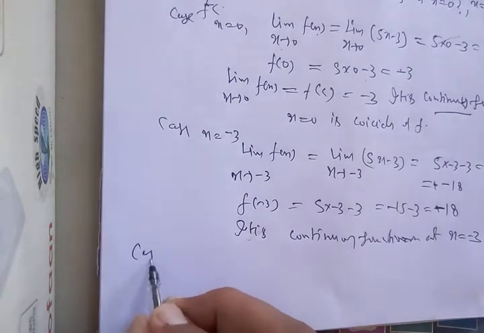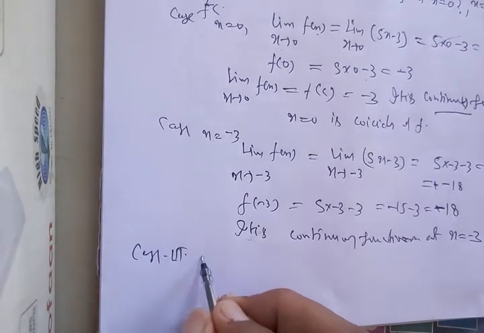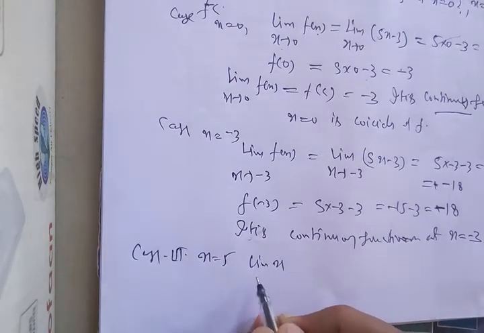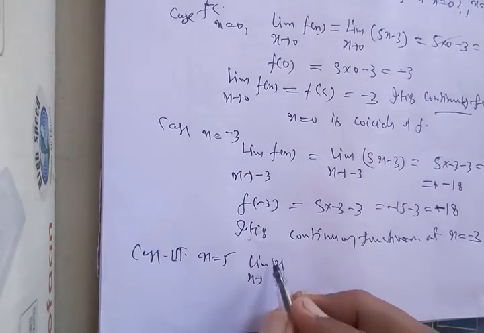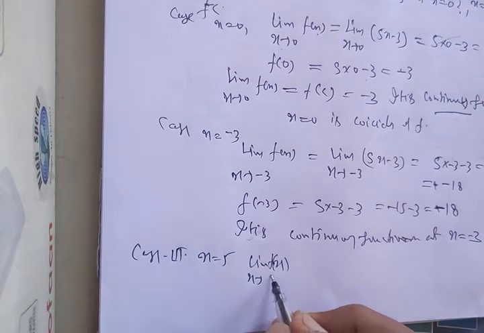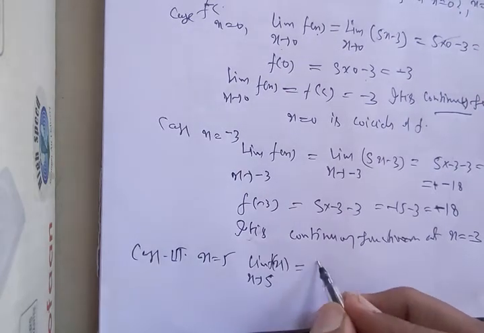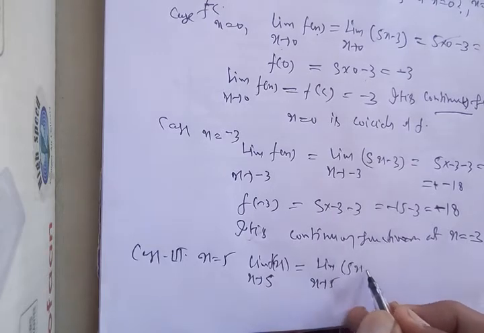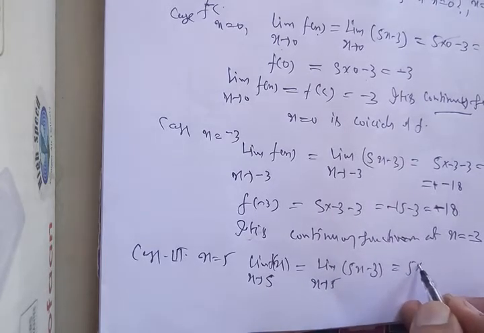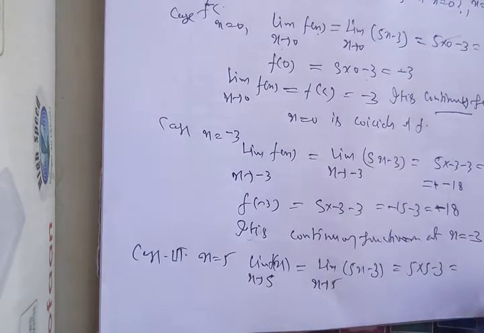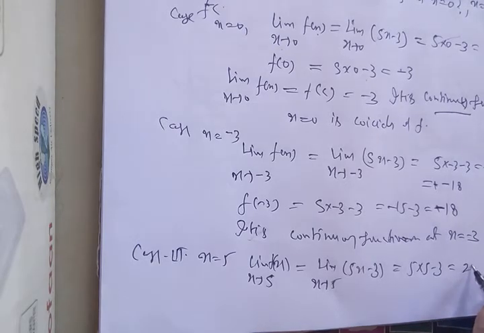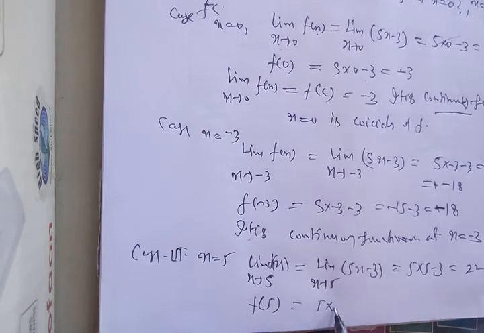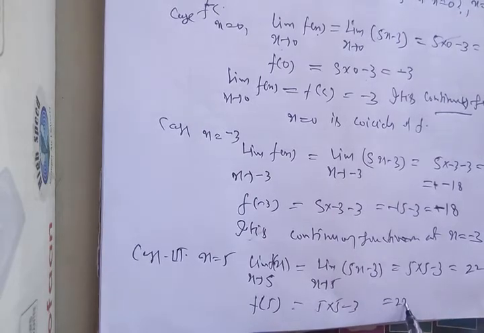And third case, x equal to 5. Limit x tends to 5 of 5x minus 3, 5 into 5 minus 3, 25 minus 3, equals 22. f(5), 5 into 5 minus 3, equals 22.